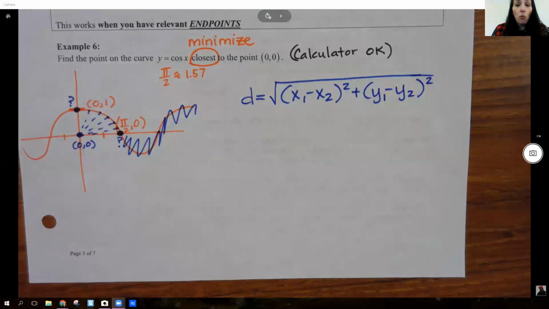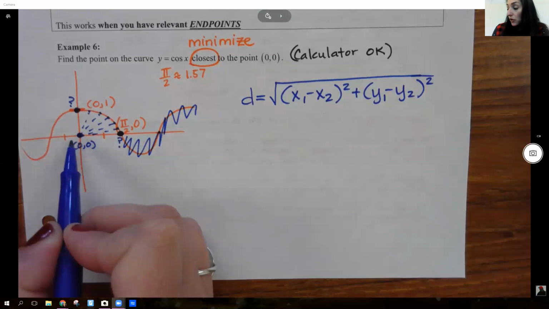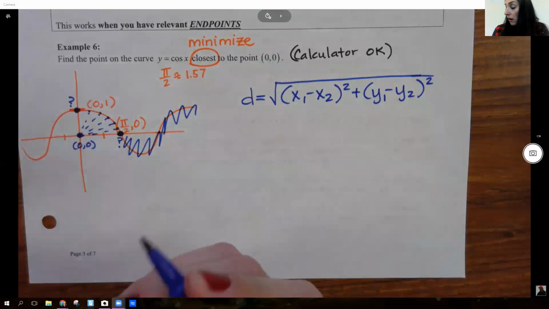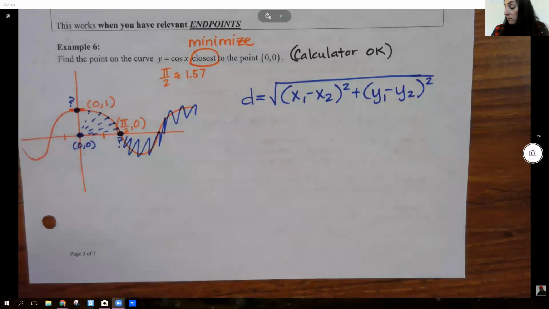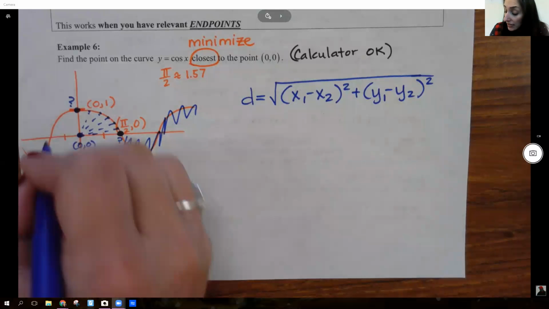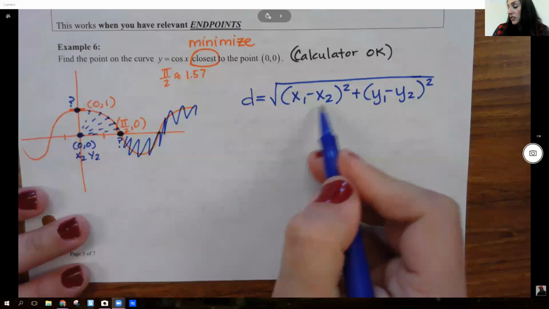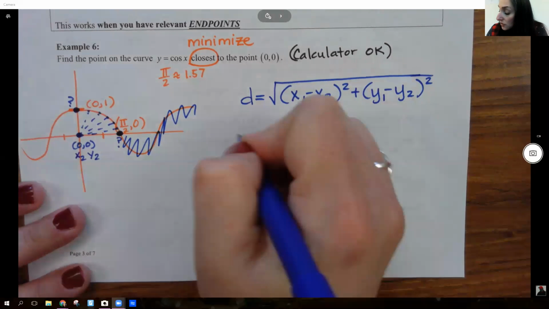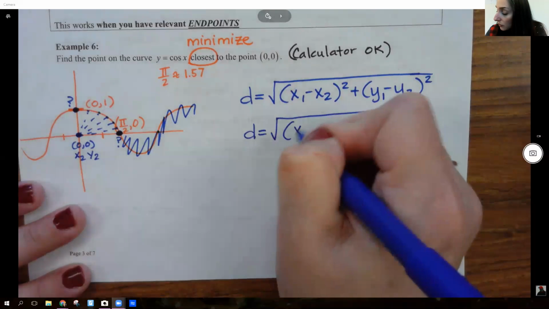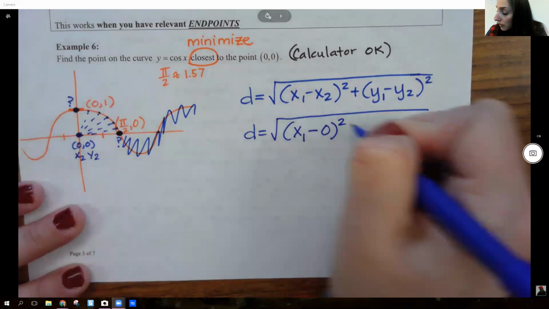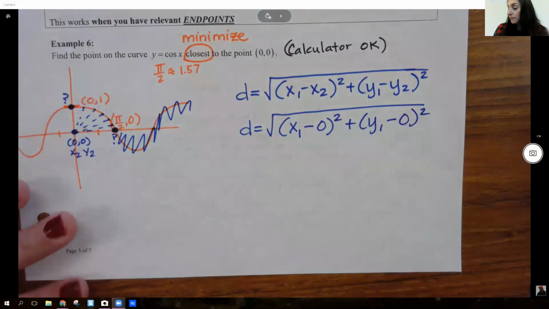And I know one of the endpoints has to be the origin. So you can put that in for x1, y1, or you can put it in for x2, y2. Just for the sake of keeping it easy, I'm going to do x2, y2. So this will be d equals the square root of (x1 minus 0) squared plus (y1 minus 0) squared, like that.